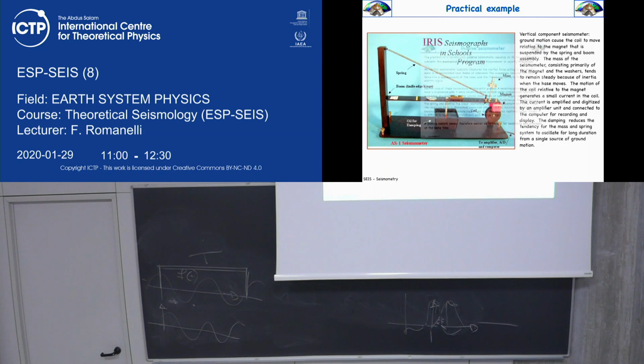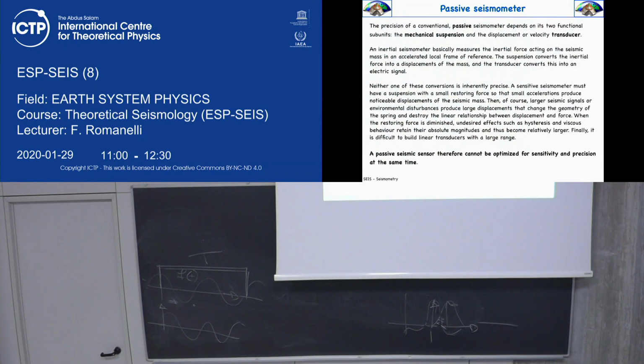Okay, so we're done. But up to now, we have been looking at what we can call a passive seismometer, like this one. And I will cut the long story short, telling that after 1974, and after the 80s, the new broadband seismometers have been created.